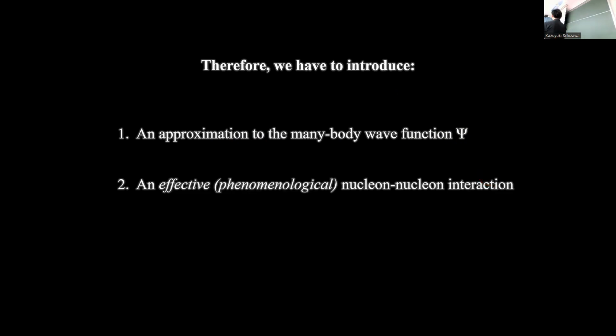And the other one is an effective or phenomenological nucleon-nucleon interaction, which can be used in the Hartree-Fock theory that I will explain later, and try to explain experimental data by fitting the parameters.